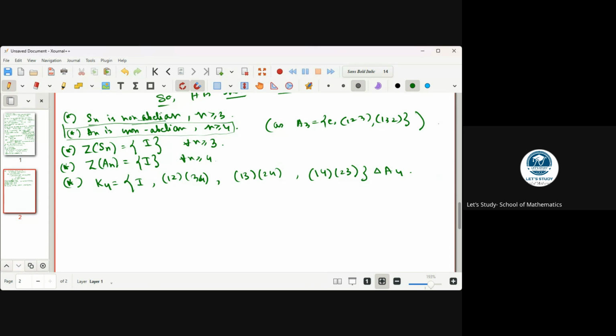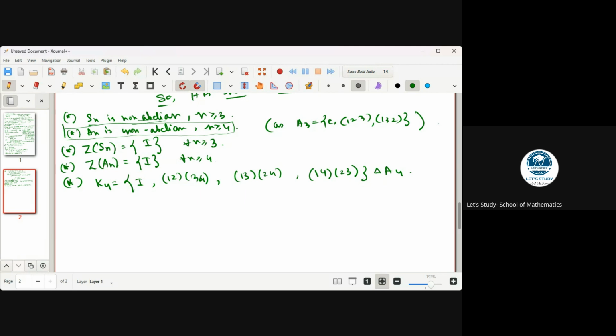Please say again, what are you saying? I think if we can prove that the center of Sn is just identity for n greater than or equal to 4, then Sn wouldn't be abelian for n greater than or equal to 4. Yes, proving this is enough, but you can intuitively think that this will be more difficult than the other.